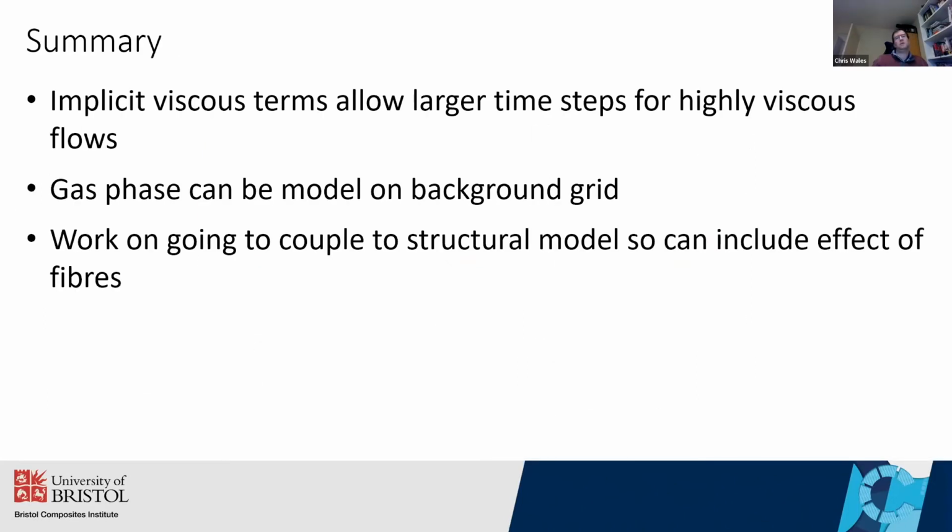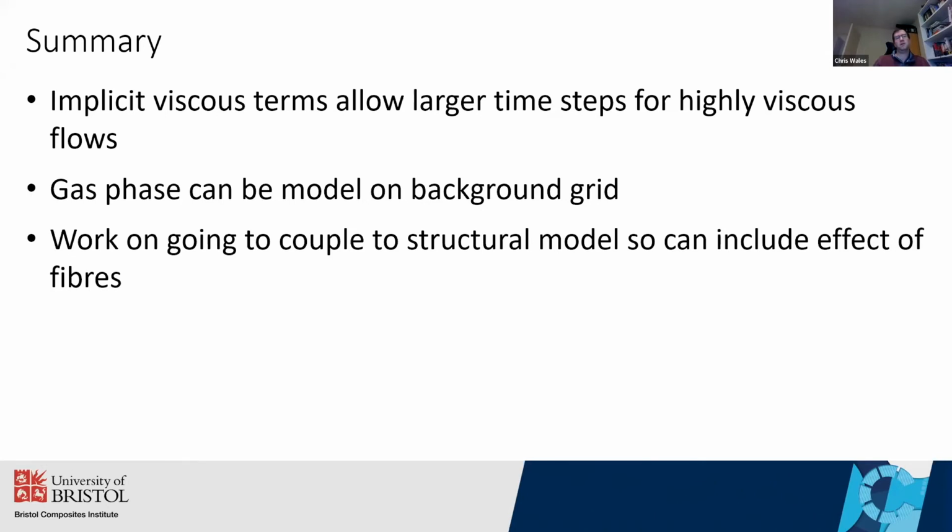So in summary, using implicit viscous terms allows us to greatly increase the time step compared to what we would be able to achieve just using explicit integration. We can use a background grid to model the gas phase without having to use all SPH simulation for that region.